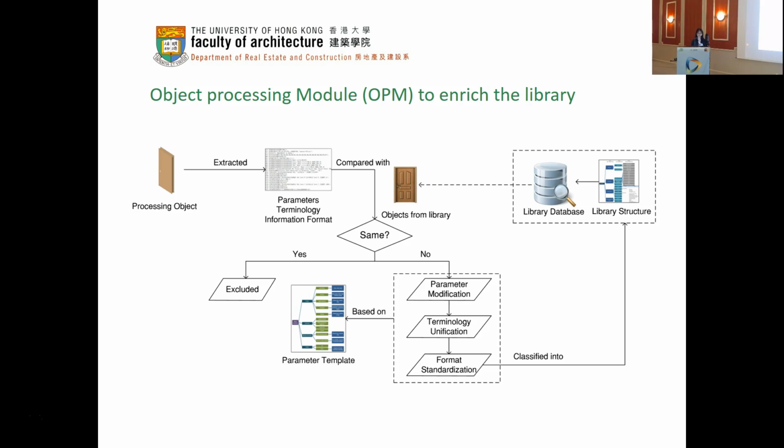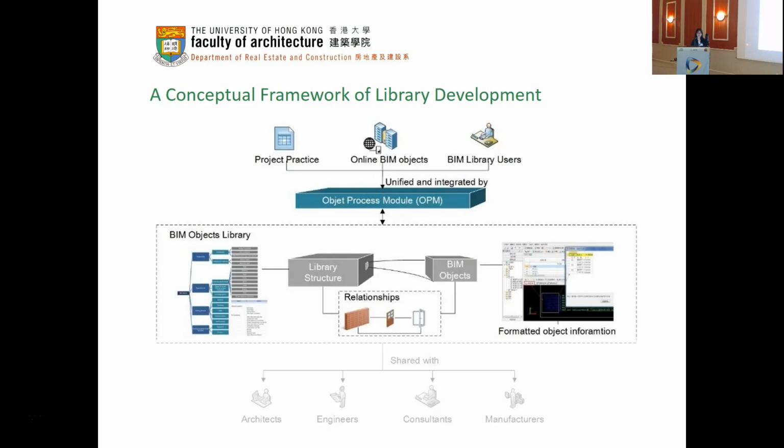If not, it will continue to be modified against the parameter and unification of the terminology and standardize its information format. And the processed object will then be classified back into the library structure and then integrated into the library database. So the last step is to share the library to the industry.